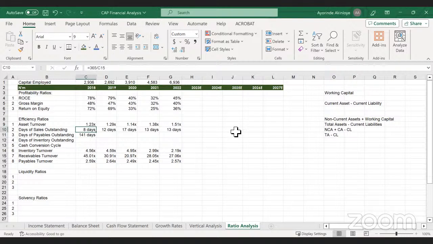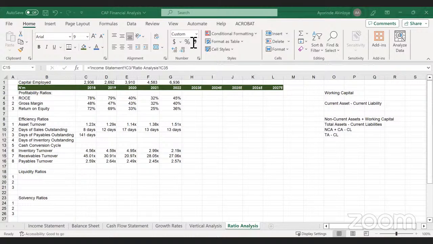So now imagine we had days of sales outstanding and we didn't have receivables turnover. This is just for knowledge sake.